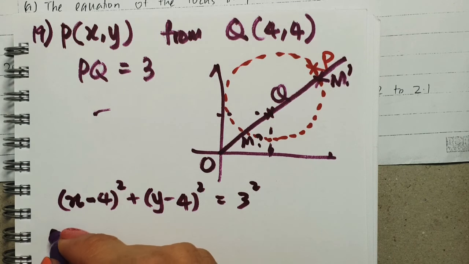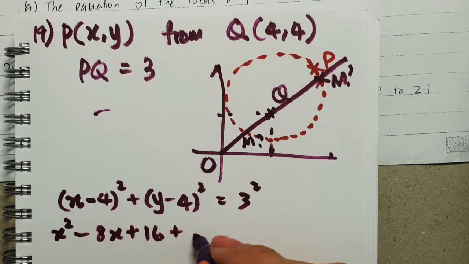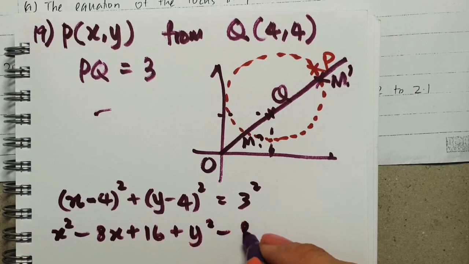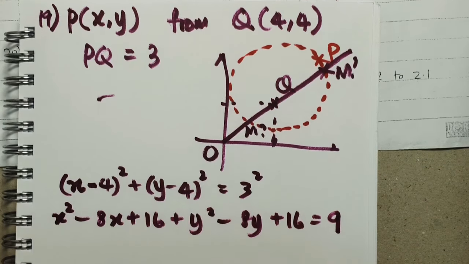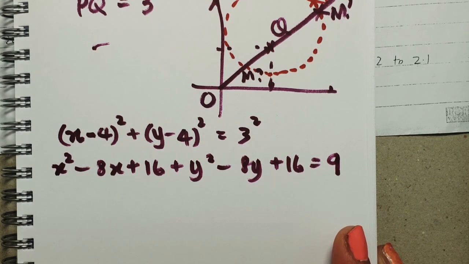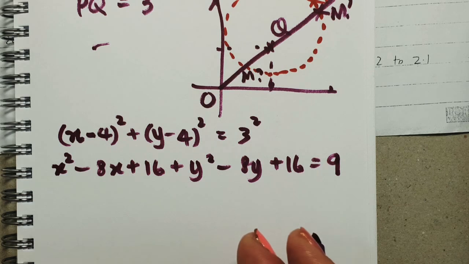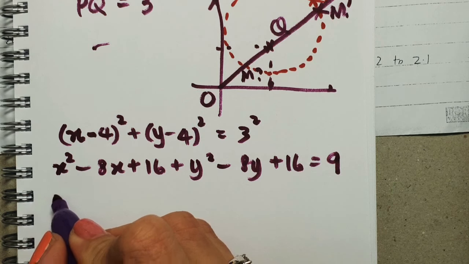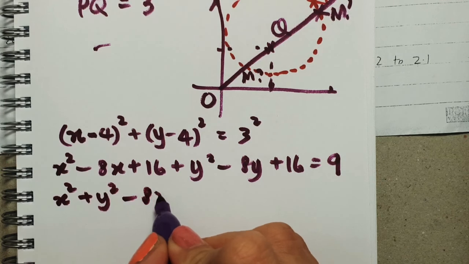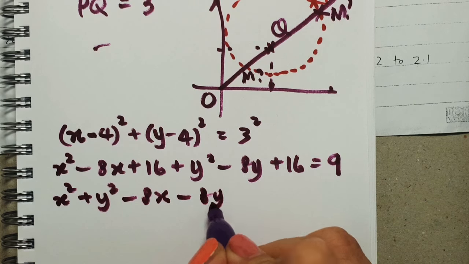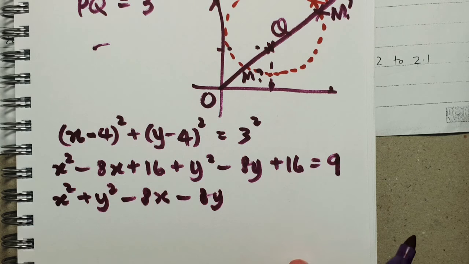And then expand this. We will have x squared minus 8x plus 16 plus y squared minus 8y plus 16 equals to 9. And let's group all of them together in the order of x after y, followed by the descending index power. Now x squared plus y squared minus 8x minus 8y plus 16 plus 16, we have plus 32.